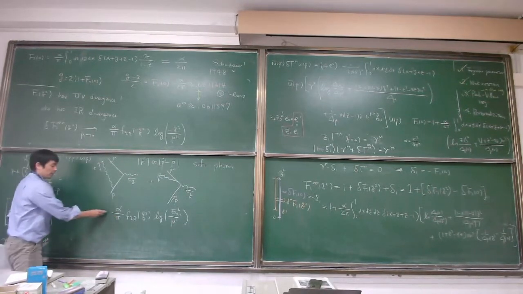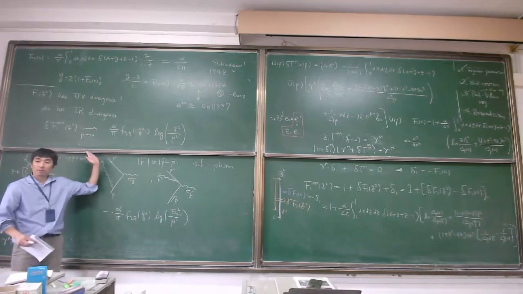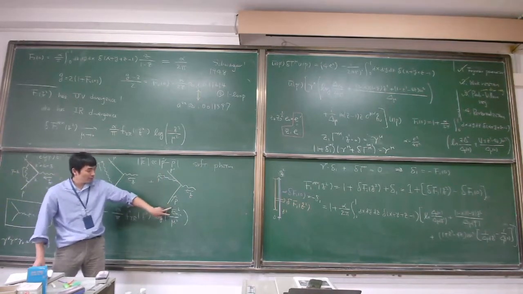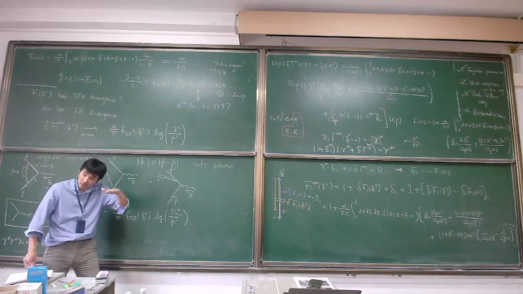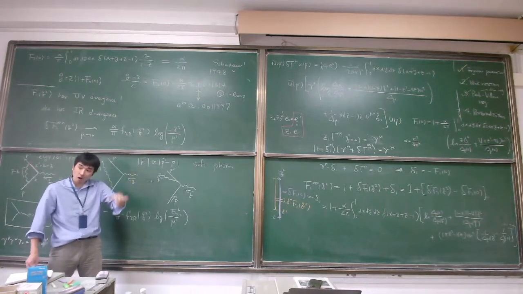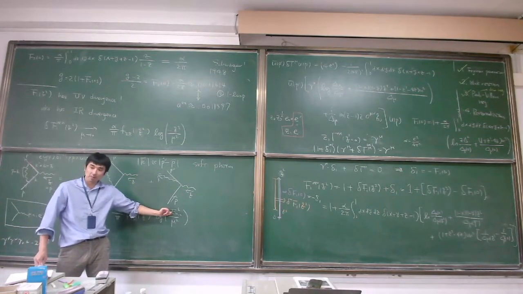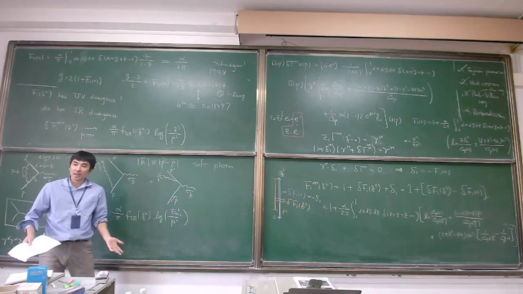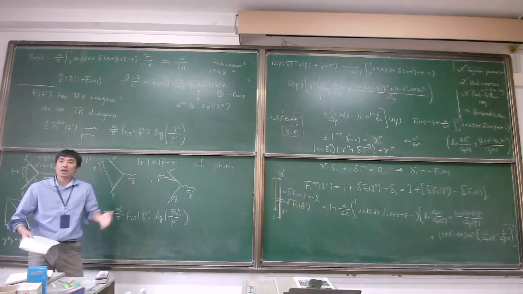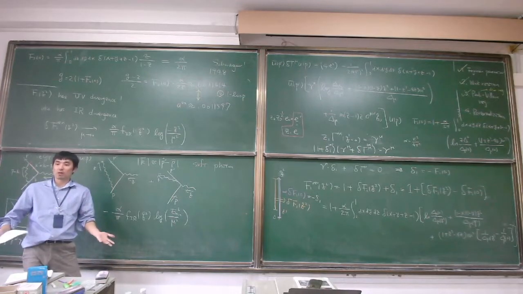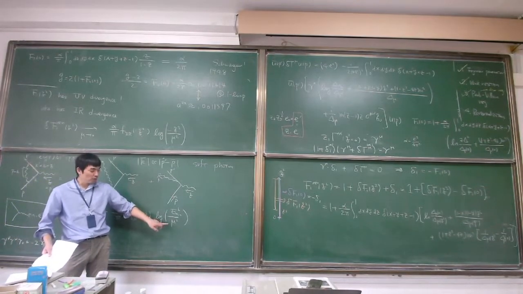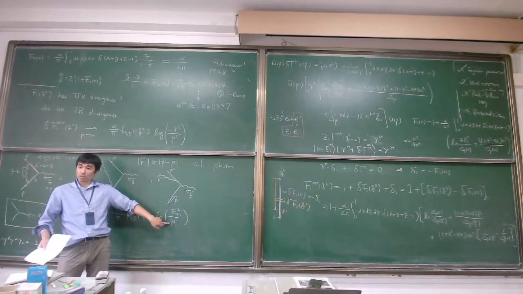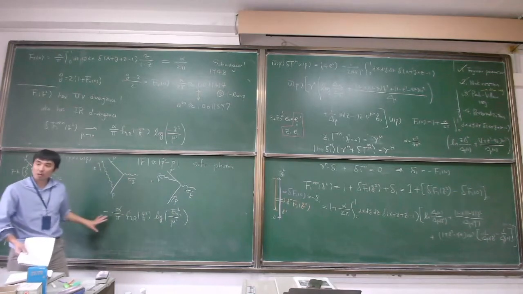So if you evaluate the contribution of this soft photon, E minimum is the energy level the experimental device can detect. If the energy of the photon is less than E minimum, the experimental device cannot detect these photons. But we have to take this effect into account, even though the device cannot detect it. So the contribution is really this one. Mu is the IR cutoff again. If mu goes to 0, this is also a divergent part.